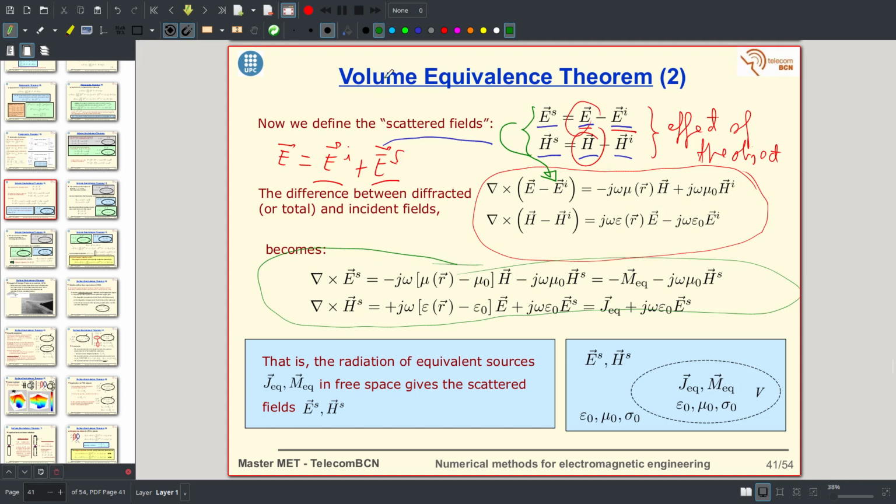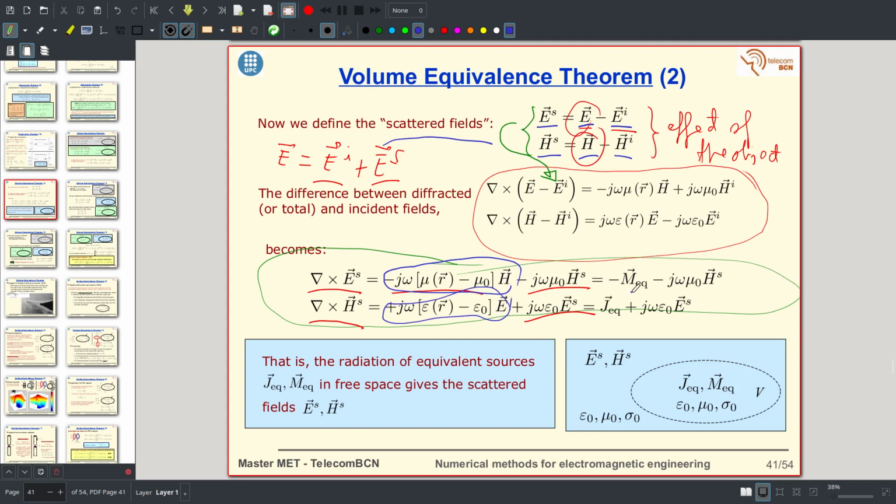And here we observe that we have on the left hand side the curl of the scatter fields, and at the right hand side we have some term plus the time derivative of mu h or epsilon e, which are in fact the first a Faraday equation and the second an Ampere-Maxwell equation, in which this term here and this play the role of sources.